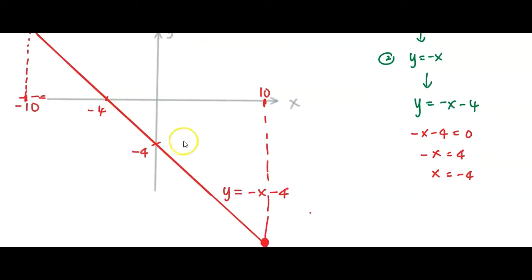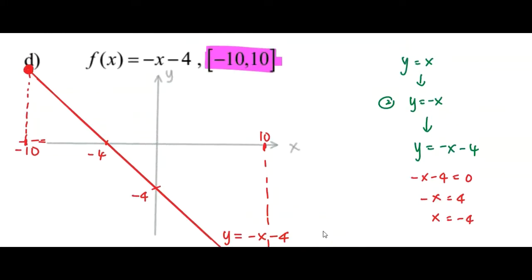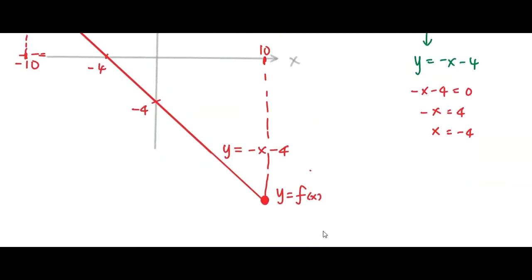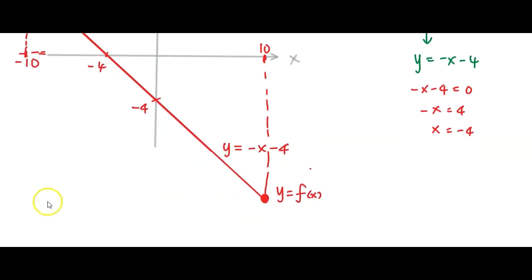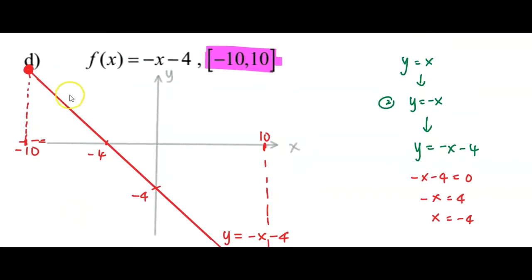The red line representing our graph, we can label as y equals f(x). From here, we can determine our domain. To get our domain, we find the point which is closest to the left, and its x value is -10.